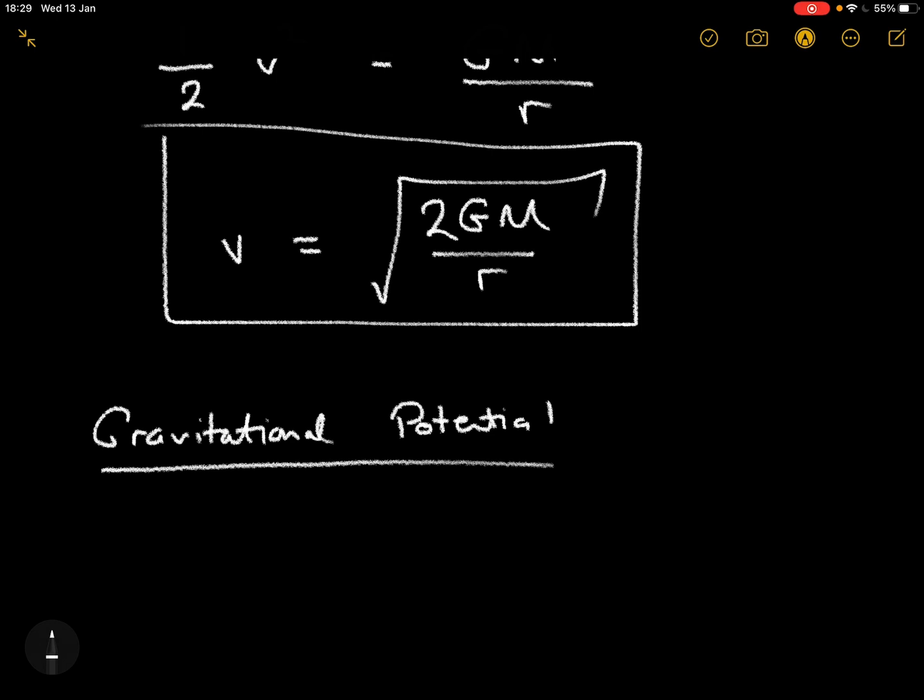And this is where we imagine that the field is there, that the gravitational field strength is there, but we haven't put an actual mass there. So it's what would be there per unit mass. This is a defined thing. It has a symbol of Vg.